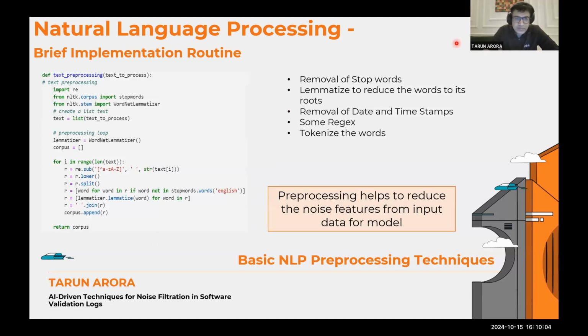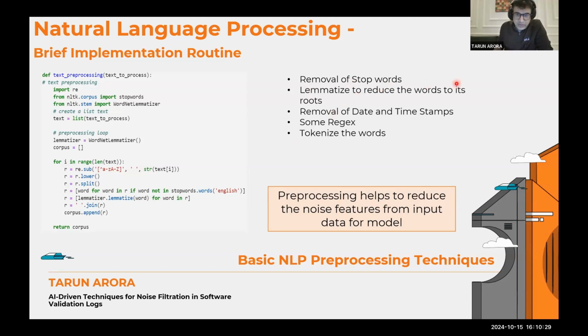Now, of course, when you work with NLP, it comes with different kinds of routines. So I've just listed some of the very basic routines that you need to follow when you solve an NLP problem. You will have a lot of garbage in your data, which does not help you to attain your goals. So when you solve any NLP problem, you do a lot of cleanup.